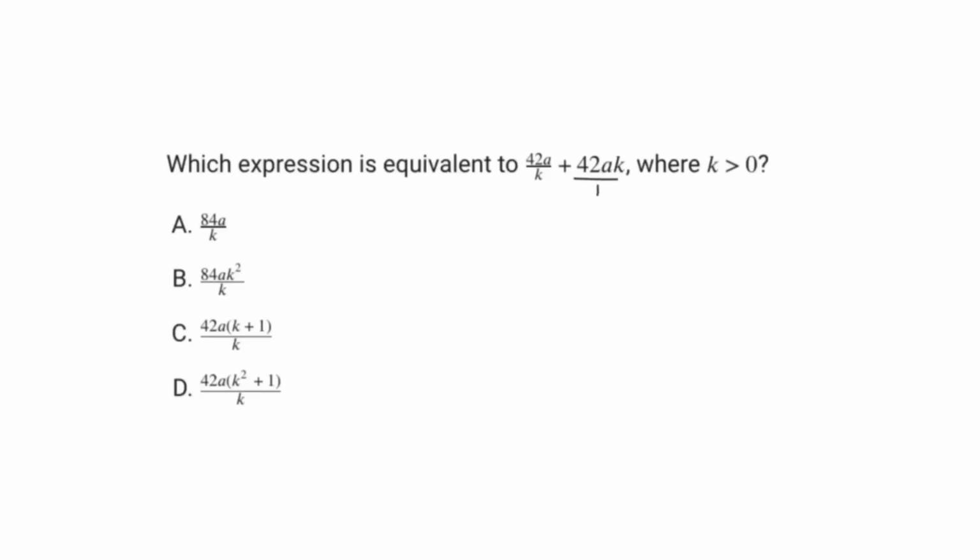And now what we can do is actually find the common denominator here. And the common denominator is very simple for this problem. It's just k, right? So this right here just stays as 42a over k because it already had k in it. And we want to add, and we're going to multiply this 1 by k, right? So we're multiplying both the numerator and denominator by k.